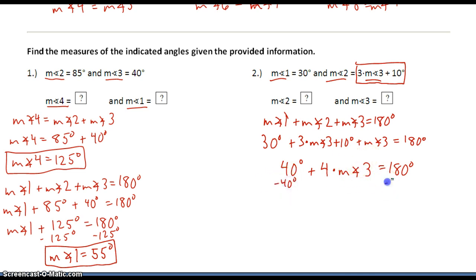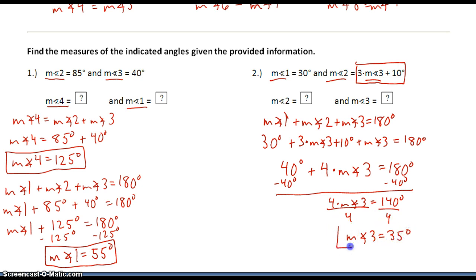Subtract 40 degrees from both sides of my equal sign. Divide by 4, and I'm left with the measure of angle 3 equals 35 degrees. Now to solve for angle 2, I can take this answer and plug it in right here.